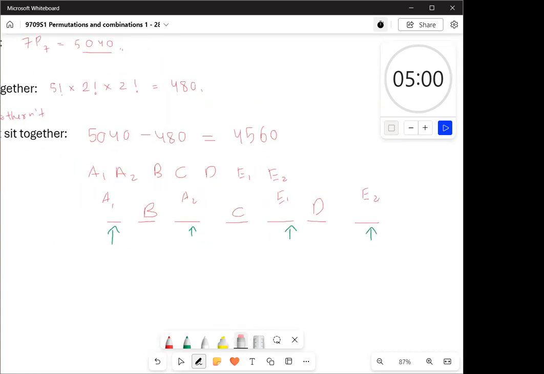One second. I need a calculator. How do I put the factorial sign on the calculator? Shift and x to the power minus 1. Why don't I have that?